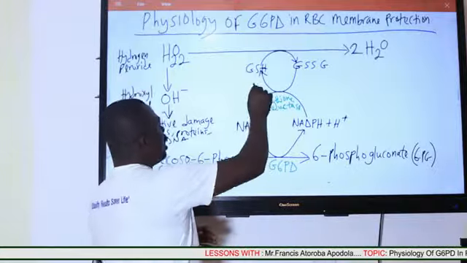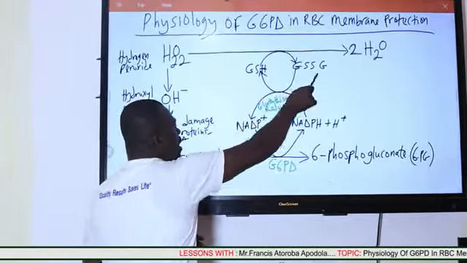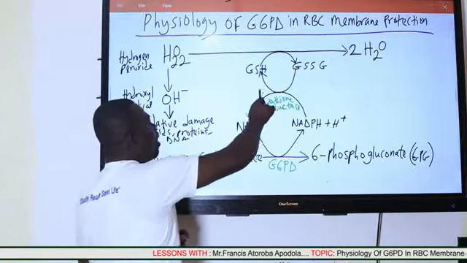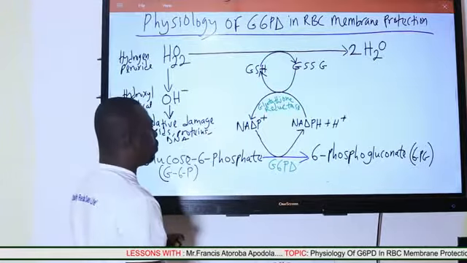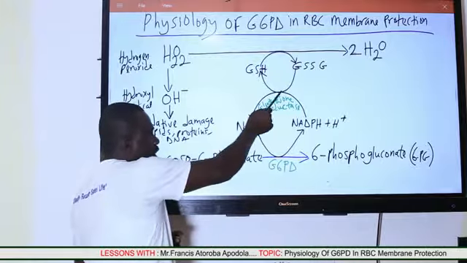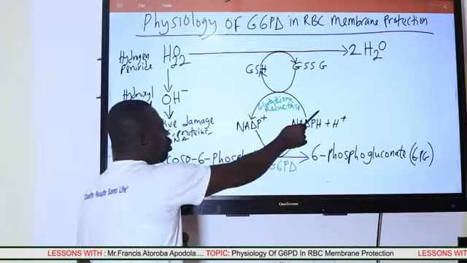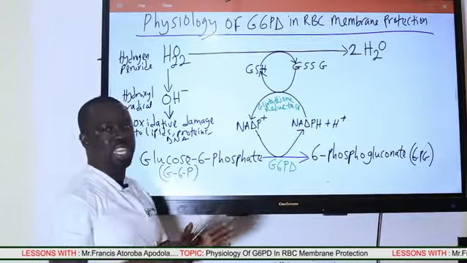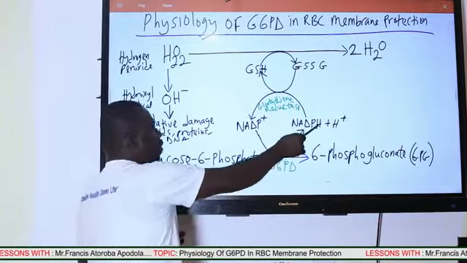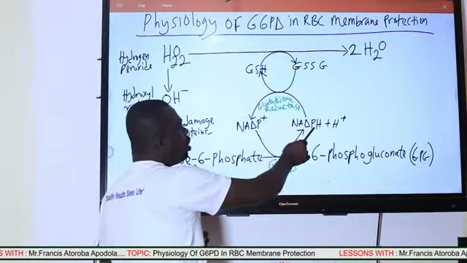So once the oxidized glutathione is converted to the reduced glutathione, simultaneously the reduced NADPH also becomes converted to NADP+, because the reduced NADPH will donate.